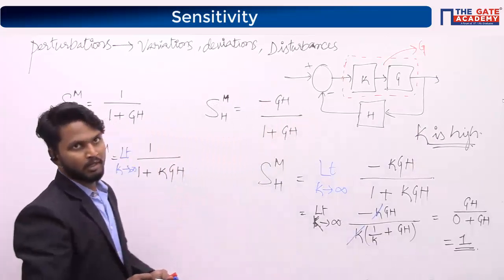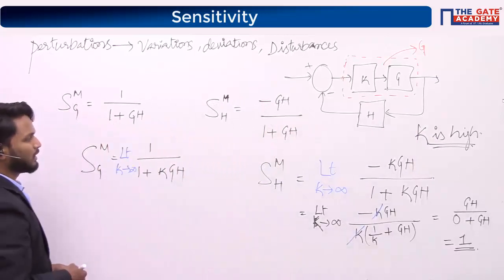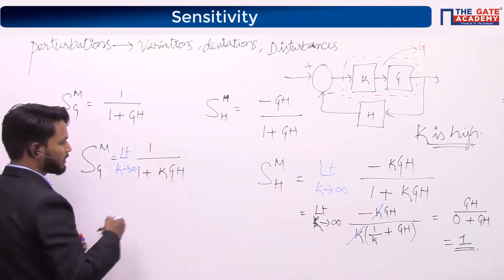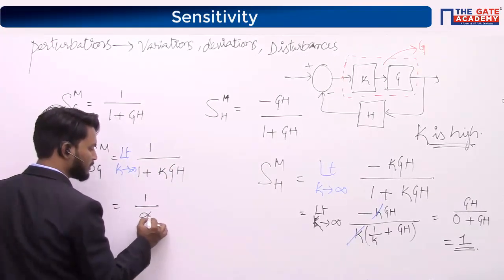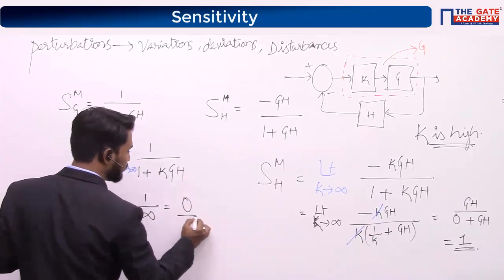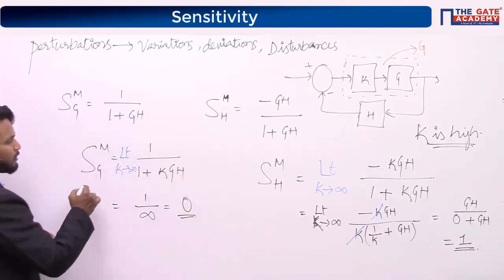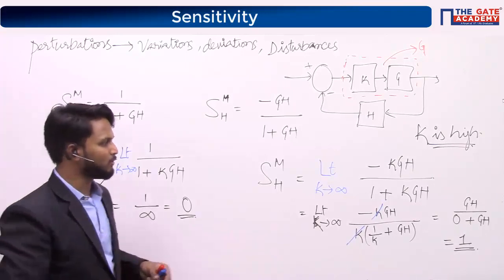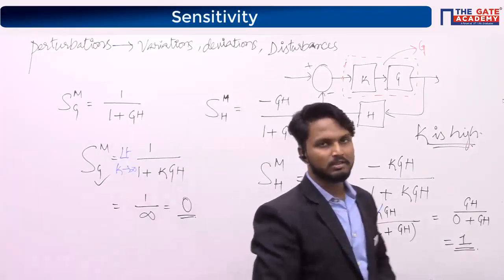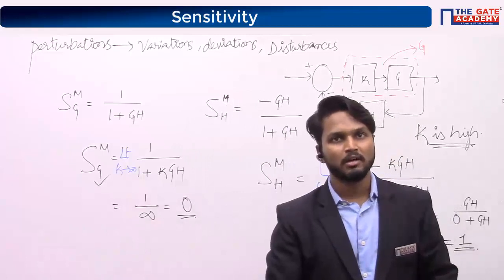Whereas in the other one there is no K in the numerator, so you directly put K equal to infinity and get 1 by infinity, which is 0. Therefore the sensitivity to parameter variations in G is 0, whereas the sensitivity to parameter variations in H is -1.